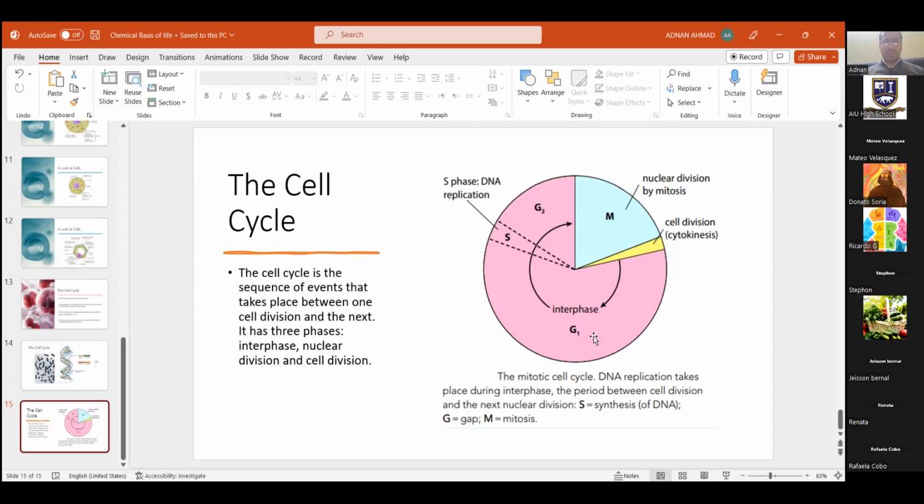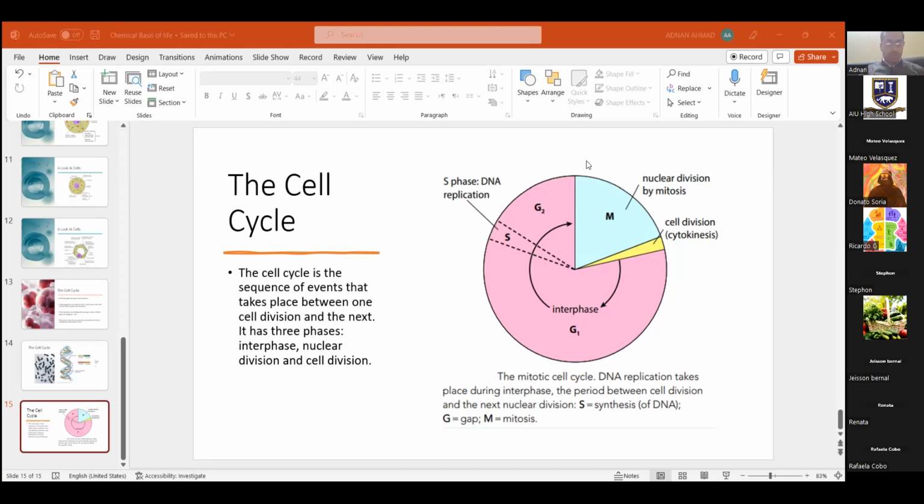Once the cell reaches a certain size, when it is mature, it enters S phase, where it makes a copy of its DNA. And the third phase is the G2 phase, where the DNA is rechecked, and then finally the cell is ready to be divided, to split into daughter cells.